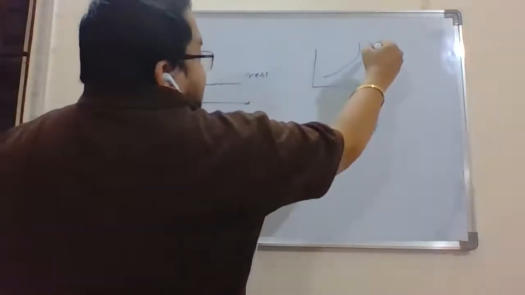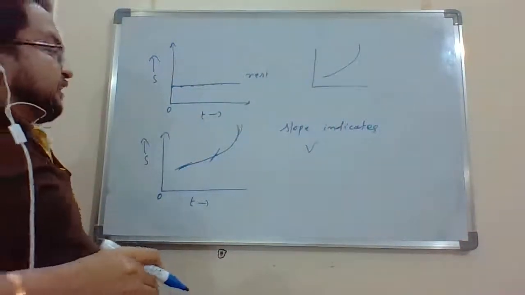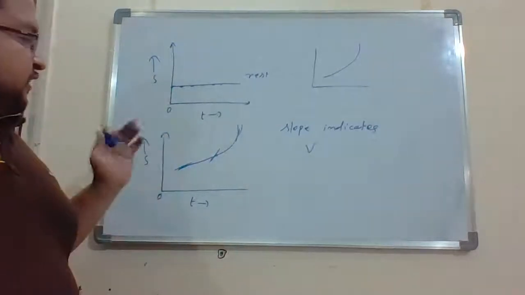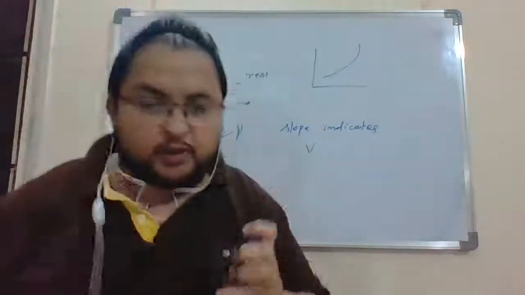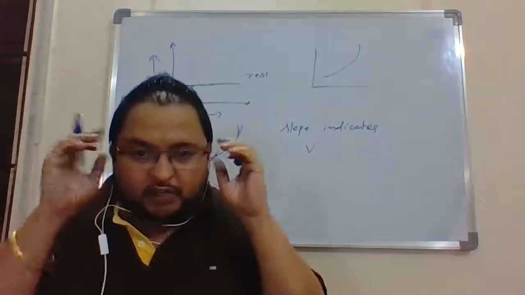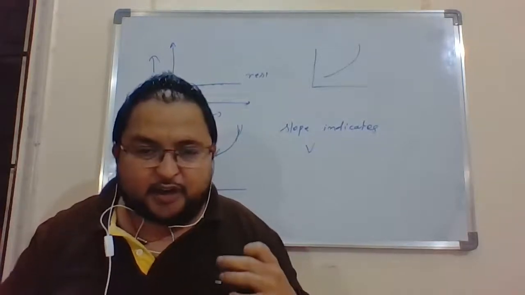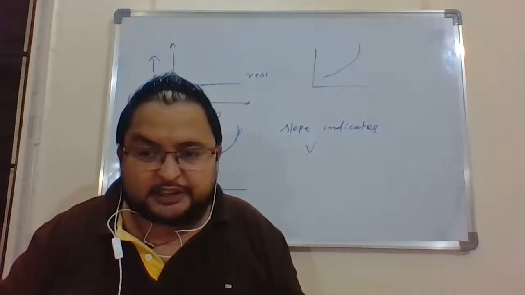Similarly, if the slope is negative, then it would be deceleration. Now, this is about the position time graph. Similarly, I would encourage you to draw the velocity time graph yourself as a task and play around with it so that you get more concepts related to that.